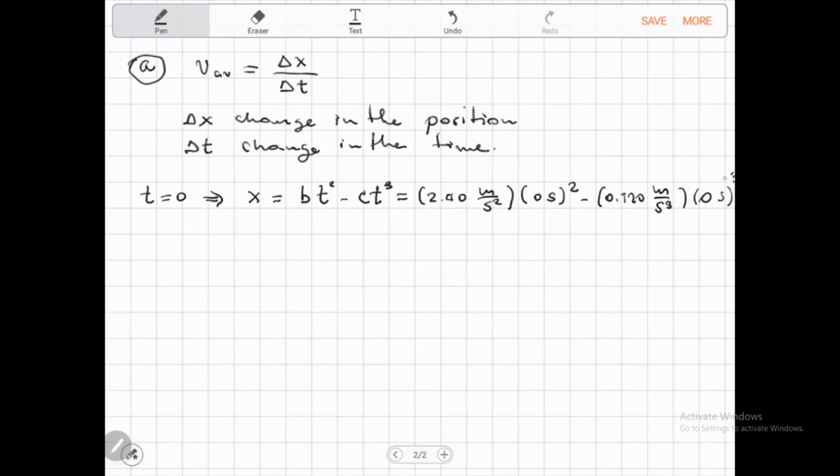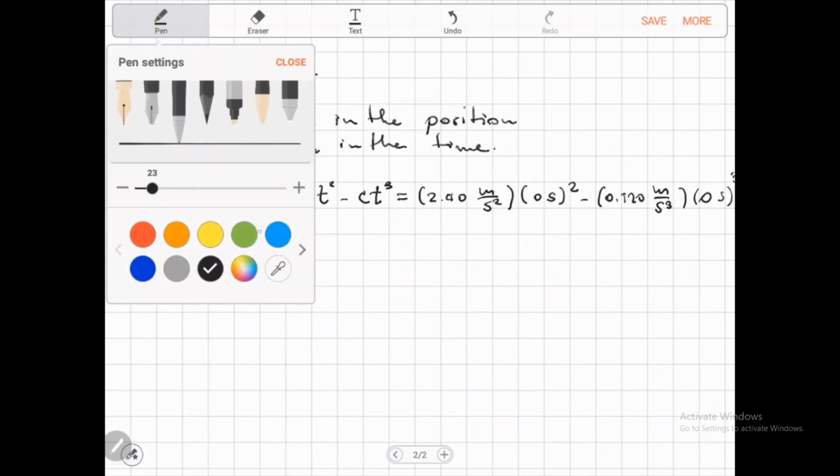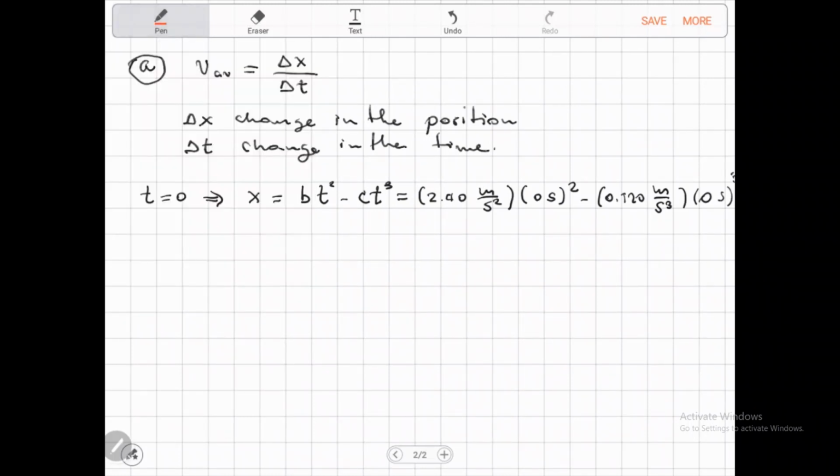Here we have 0 and every number multiplied by 0 is going to be 0. The same here. So this term is going to be 0 and this term is going to be 0 too.